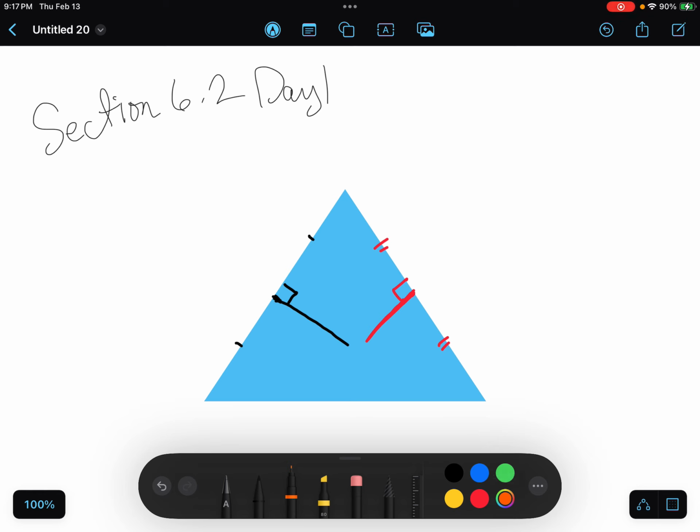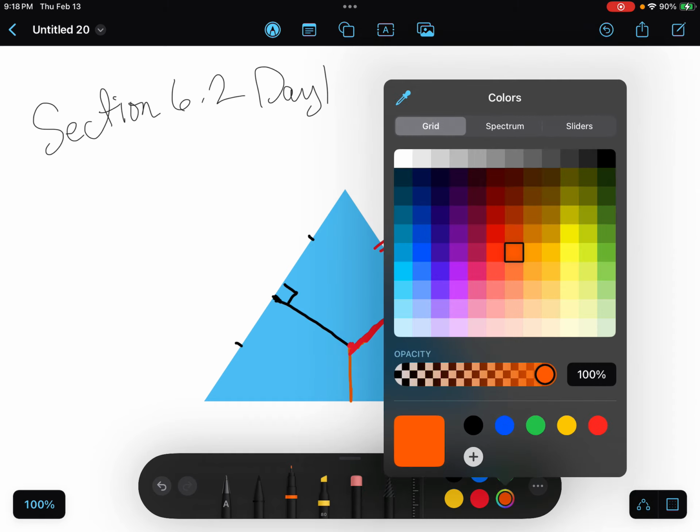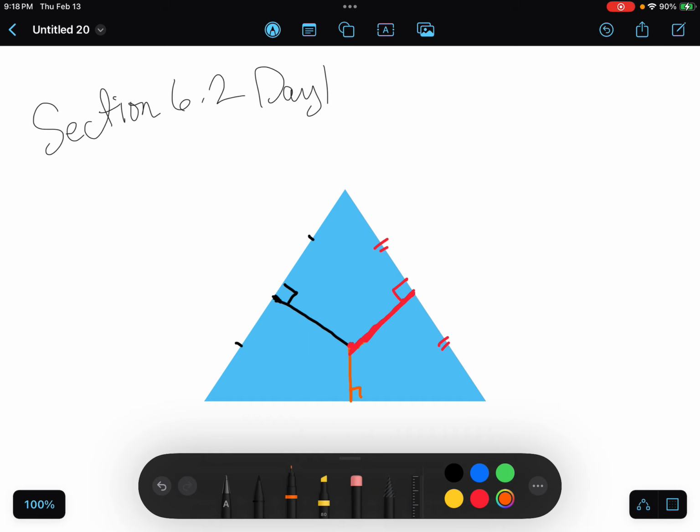If I make the one in orange come up there, and the red one should have been a little bit further, maybe a little bit straighter. That's 90 degrees here, and then this would be congruent to this.